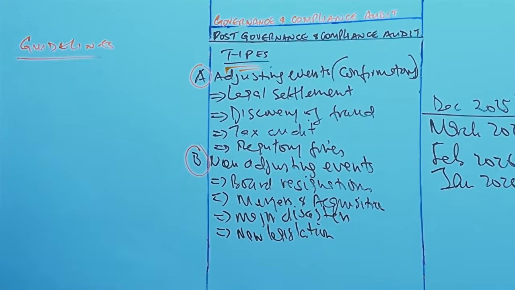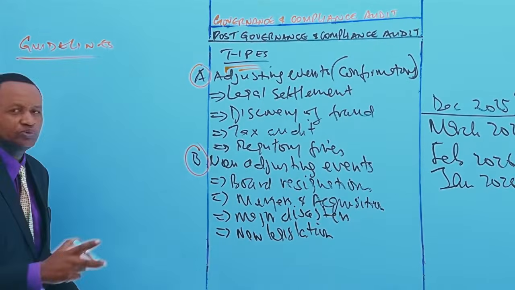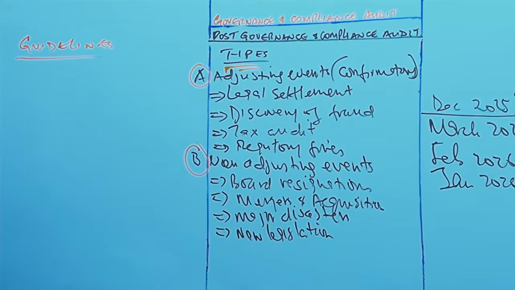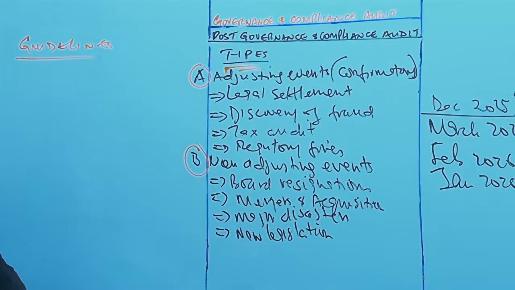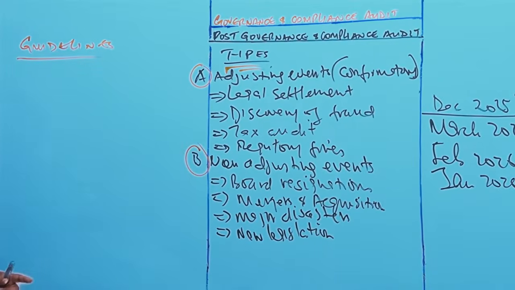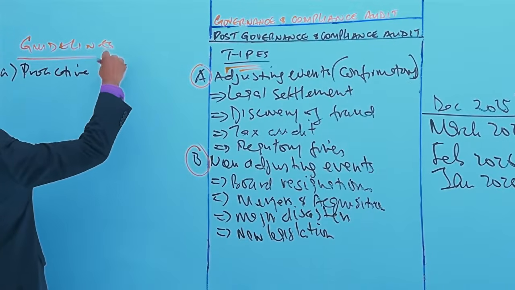Now, the auditor's objective, candidates, in regard to subsequent events is to ensure that the report reflects the true and current governance state of the entity at the time of signing. That's the objective. That's why an auditor has to conduct what we call proactive procedures.